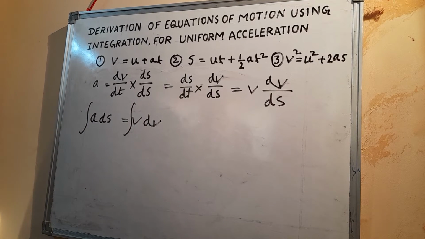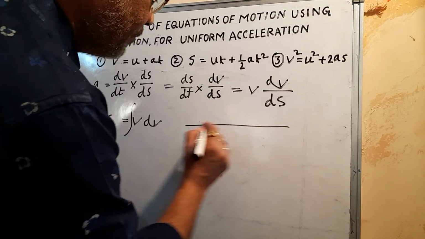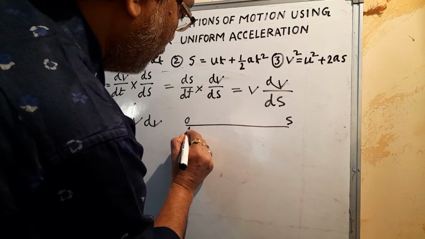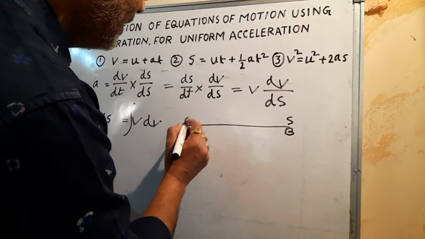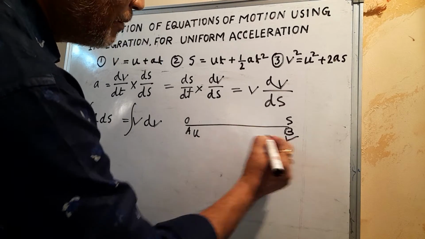The displacement changes from 0 to s, from A to B, and the velocity changes from u to v.